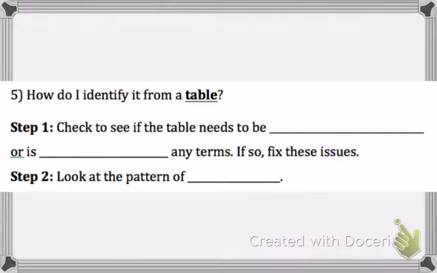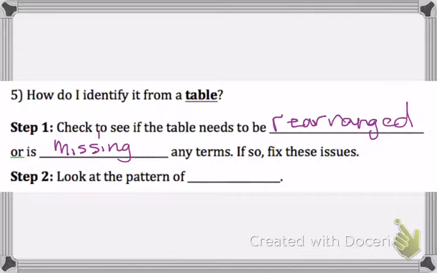Okay, so moving on to how do I identify it from a table? Check to see first if the table needs to be rearranged, or if it is missing any terms. These are going to make better sense in just a second because we're going to do examples of each.